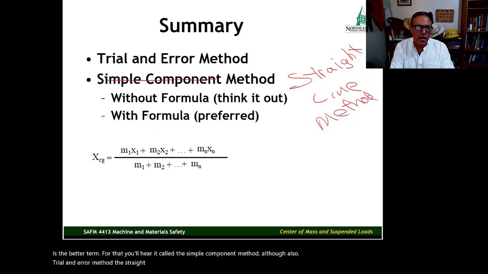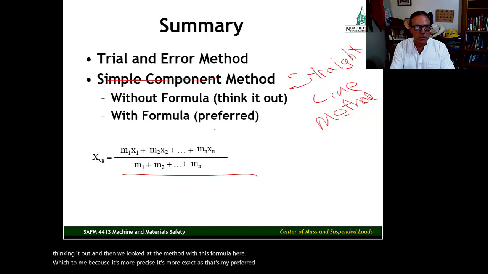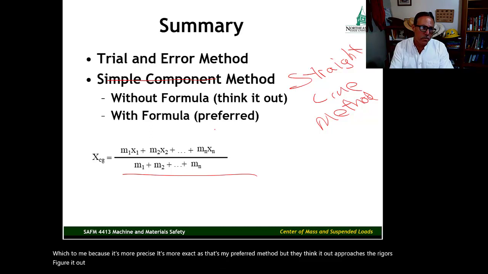We looked at the straight line method without formulas, where you're thinking it out, and then we looked at the method with this formula here, which, because it's more precise, more exact, is my preferred method. But the think-it-out approaches, the rigger's figure-it-out method, or some of the other think-it-through approaches that I showed you, those work also.